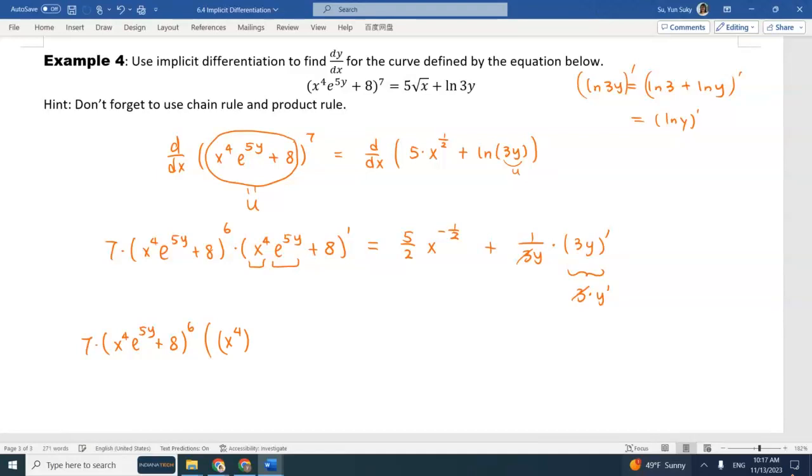Yeah, first factor prime times second factor plus first factor times the second factor prime. Yes. The right hand side, we have 5 over 2 x to the minus 1/2 plus 1 over y times y prime.